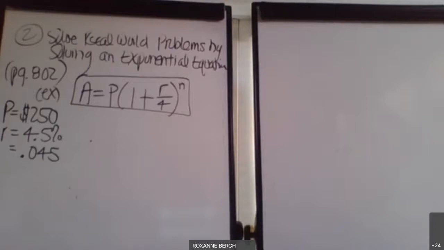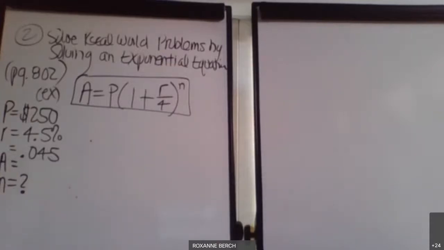4.5% compounded quarterly. The equation that gives the amount A in the account after n quarters for an initial investment P that earns interest at a rate R. Solve for n. So n is the question mark, and we're still looking for what A is.